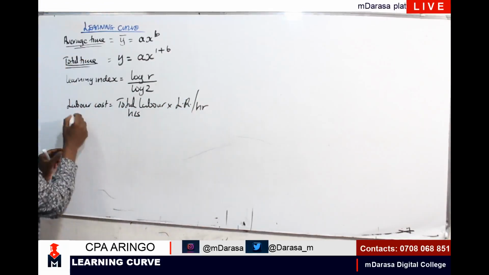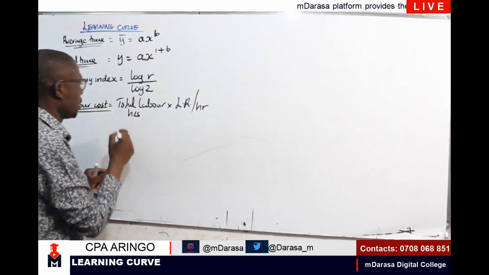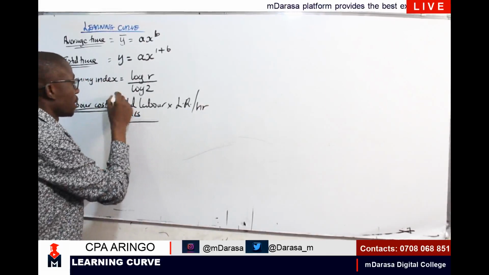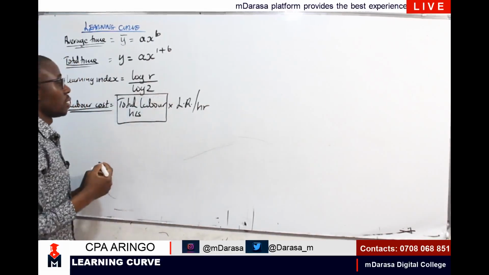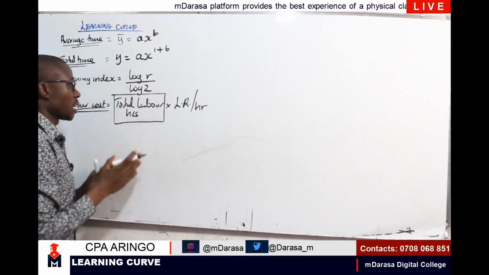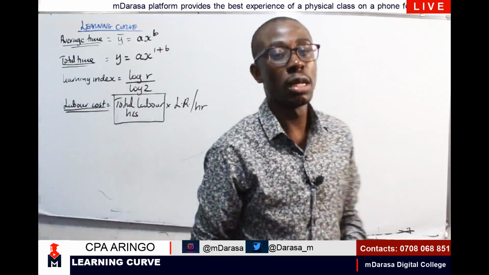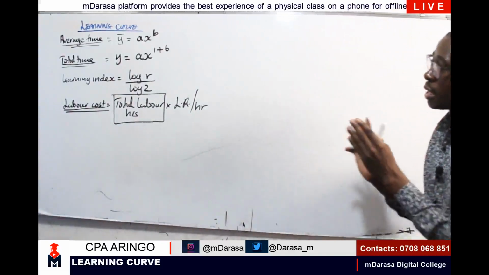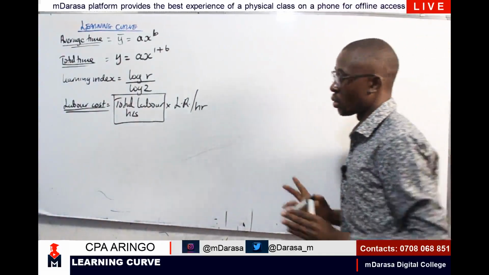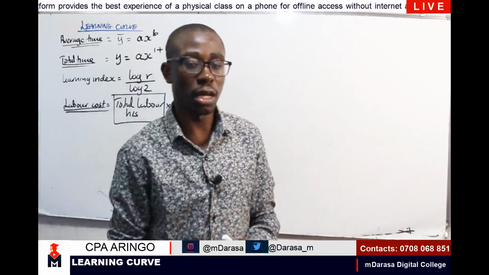This is what will give us our total labor cost. So learning curve will come in to enable us to determine the total labor hours, or in general, if I'm given the aspect of cost, it will enable us to determine the whole total labor cost. And that is a key concept that we studied in our last class, and what you need to understand anytime you're talking of learning curve.